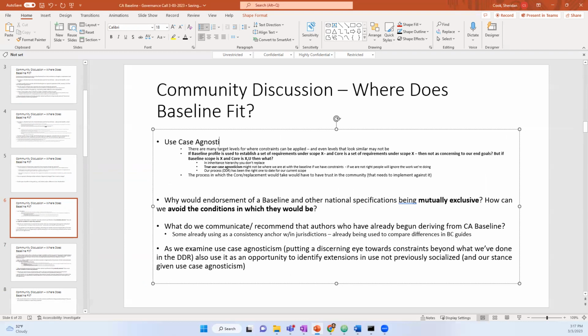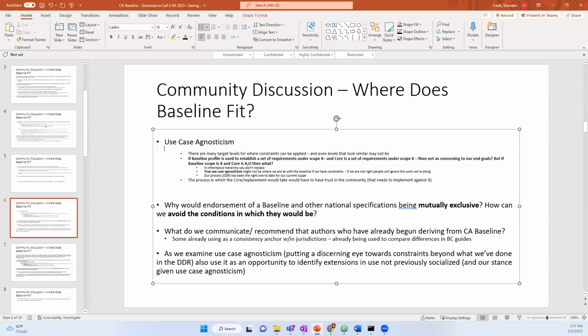are we wanting to include in some of these conditions, if we are expecting to play this role where, for instance, we're asking CA Core or another national guide to base off of, or to include us in their chain? Do we need to take a more rigid look at how we're applying this use case agnosticism role?